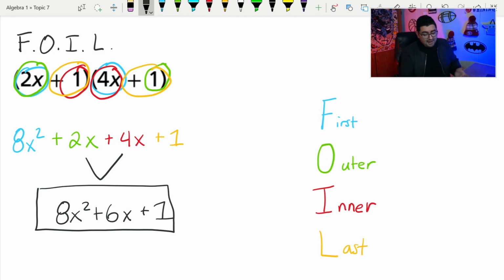If you like acronyms, that might be the best method for you. Altogether, all three methods work. They will all get you the correct answer. So now that you've seen three different methods on how to multiply a binomial times another binomial, hopefully you start to decide which method works best for you.